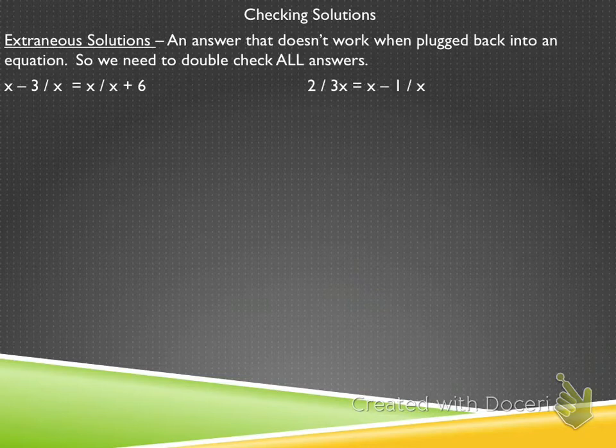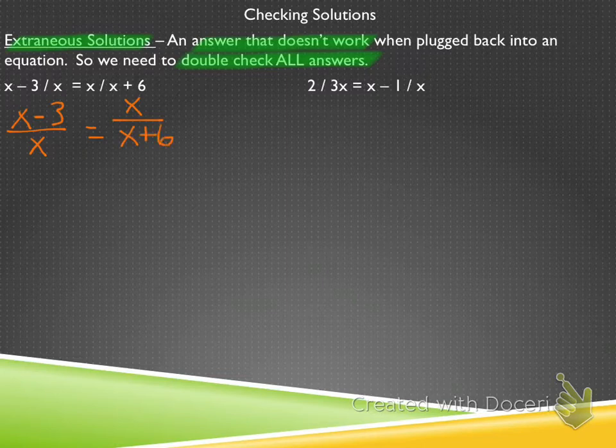So again, extraneous solutions are when I have an answer that doesn't work when I plug it back in. So we need to double check all of our answers. All the work is done correctly, but the answer doesn't work out. Here for this first one, I've got x minus 3 over x equals x over x plus 6. So I cross multiply here.